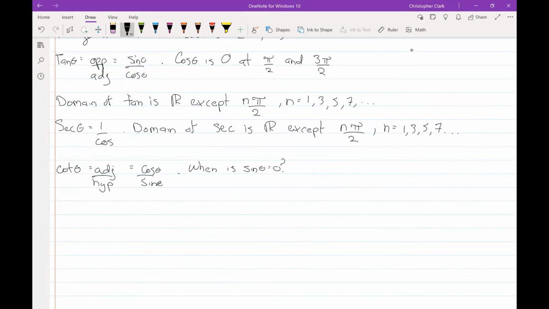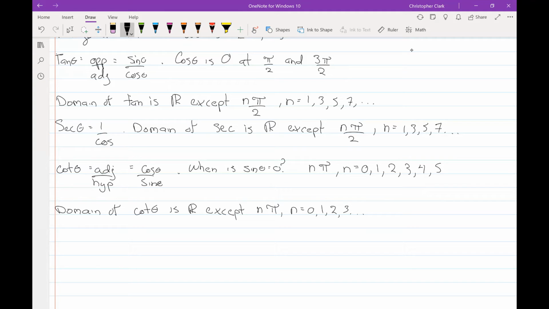So this is n pi, where n is any integer. So what that means is that the domain of cotangent theta is all real numbers except n pi, where n is equal to 0, 1, 2, 3, so on and so forth.